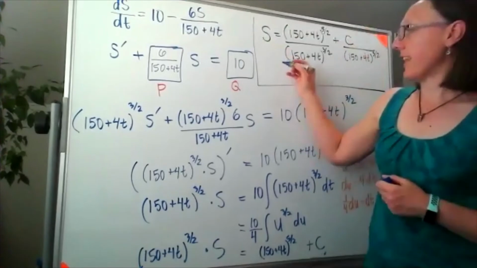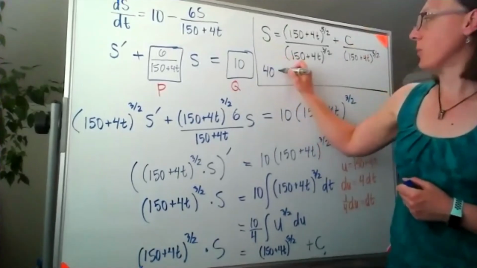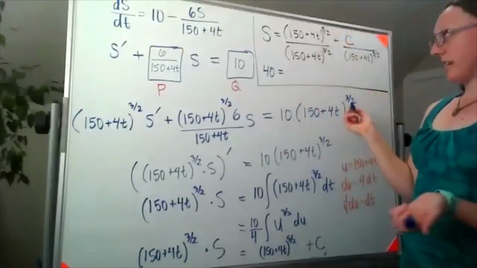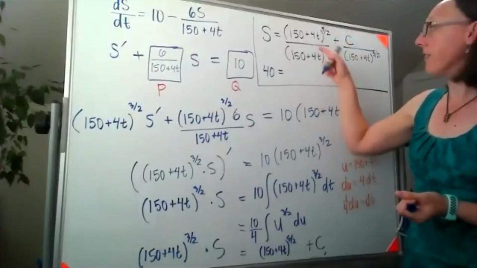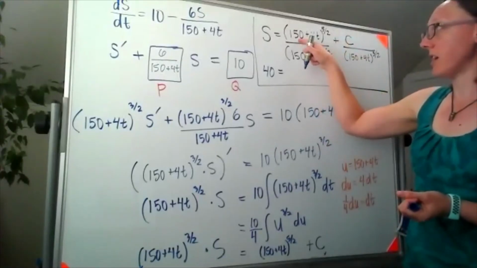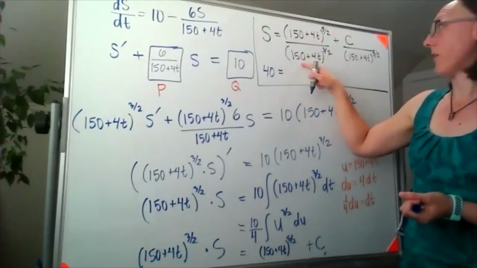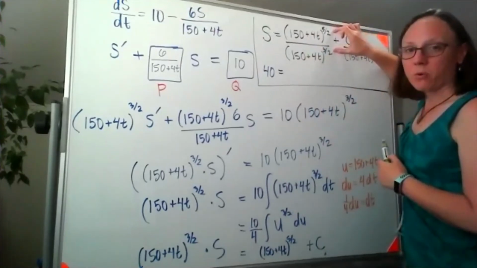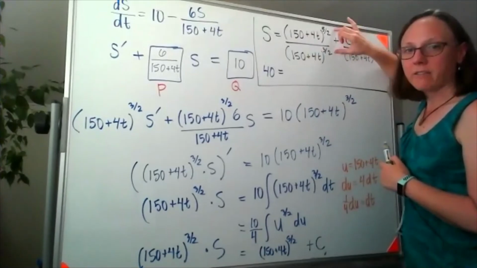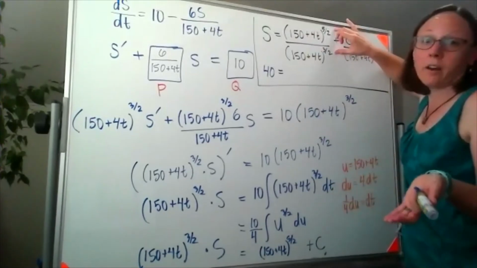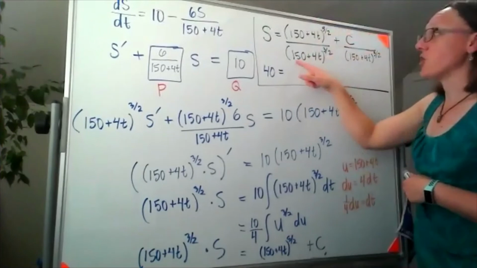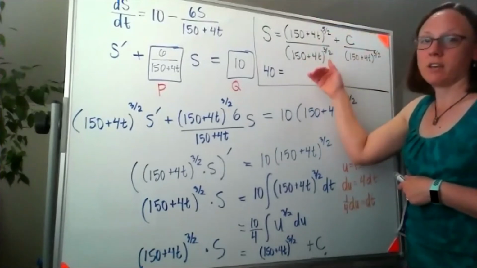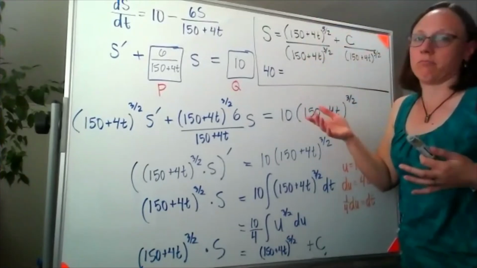So to solve for that C, I would let S be equal to 40, plug in 0 for T. So that's going to give me 150 to the 5 halves over 150 to the 3 halves. But if I simplify those exponents, 5 halves minus 3 halves is 2 halves, or just 1. So really this simplifies to 150 plus 4t to the 1 power.